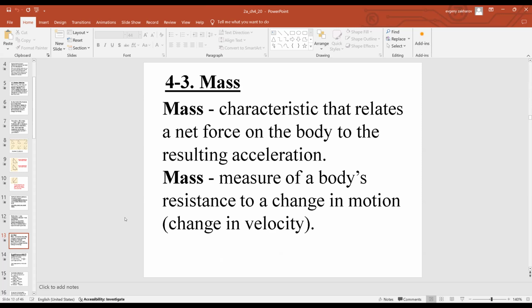You might hear the word inertia for the same reasoning. Anyways, mass is just a coefficient. It's a scalar. There's no direction for mass. It's just a number of kilograms that the system has. And because of mass, you have a certain resistance to a change in motion.